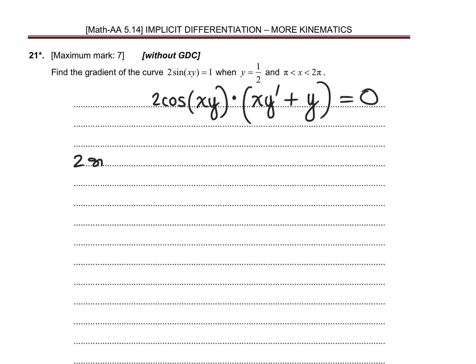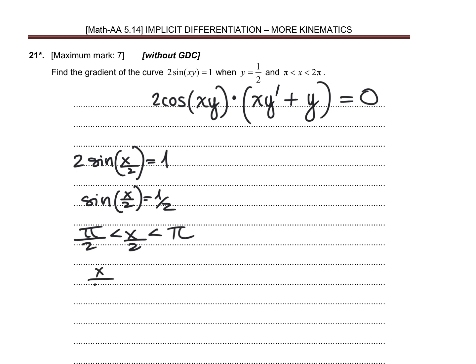So we have 2 sine x over 2 equals 1. So sine x over 2 is 1/2. So if we divide by 2 our domain, we're going to have x over 2, sine is 1/2 at pi over 6. So in between pi over 2 and pi, that's over here. So that's 5 pi over 6.